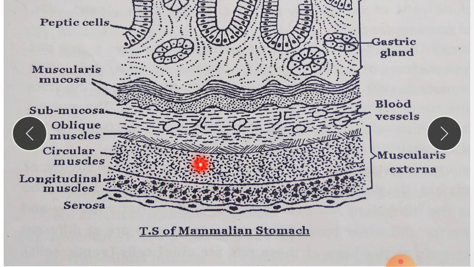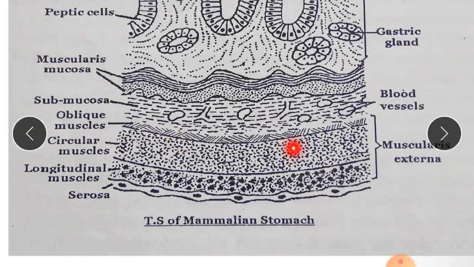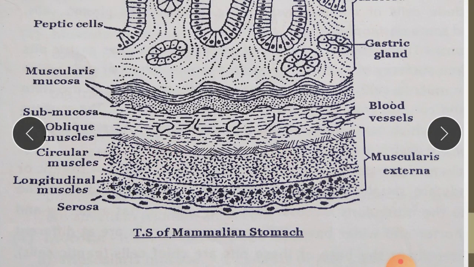And here are circular muscles. You can see here, circular muscles. And above this, oblique muscles are present. All these muscles together form the muscularis externa. Externa means exterior, the exteriorly existing muscular layer.